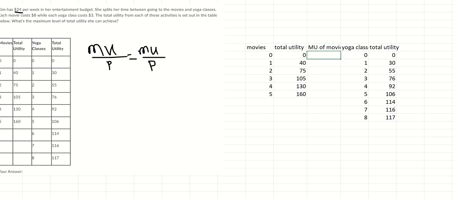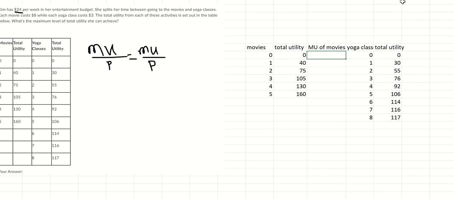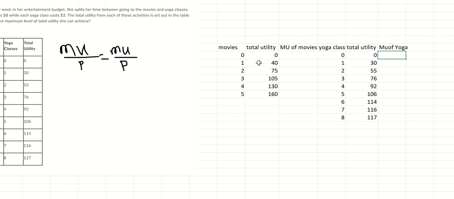And same thing over here, we're going to add one more column for the MU of yoga. Now, the marginal utility is the difference between each level of total utility. So for the first one here, that's 40 minus 0. Next one is going to be 75 minus 40.